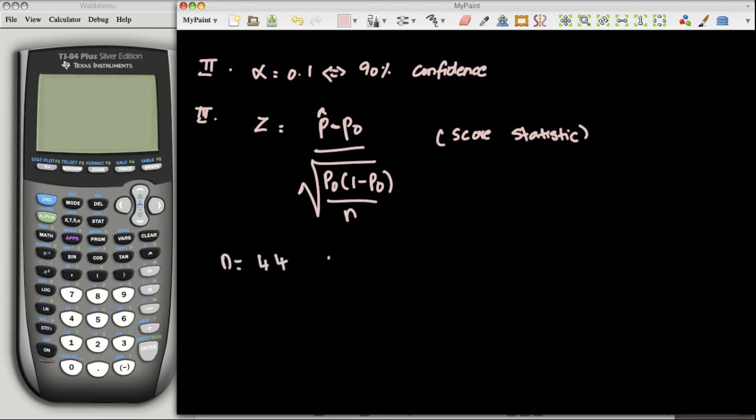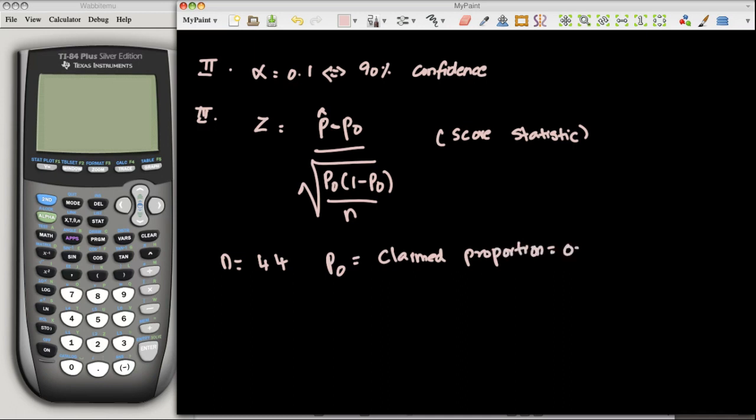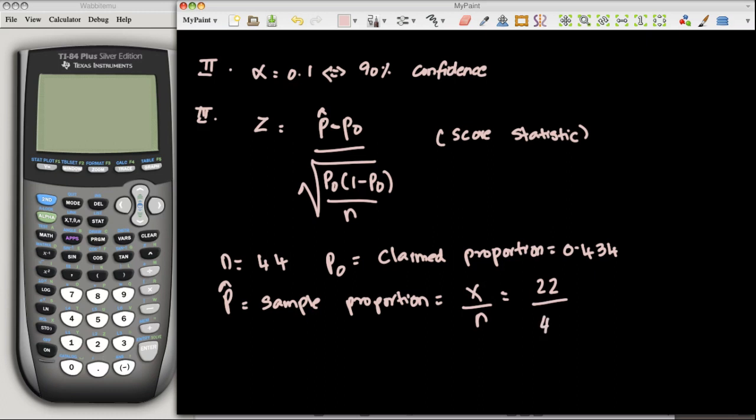We know that P naught, the claimed proportion, is 0.434, and P hat is the sample proportion, which is x over n, where x is the number of students who use campus cinema divided by the total number of students we sampled.